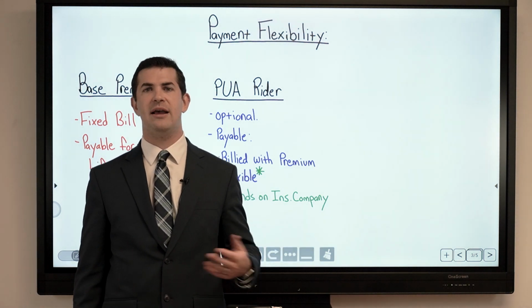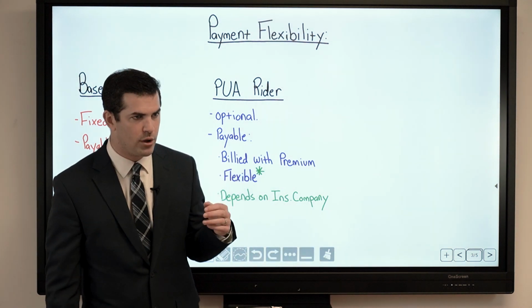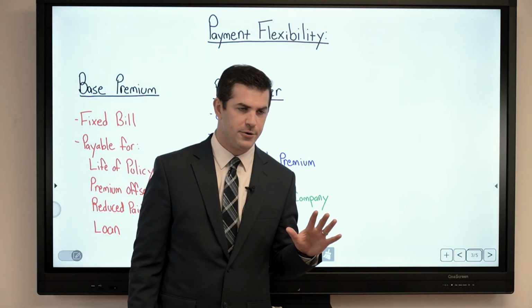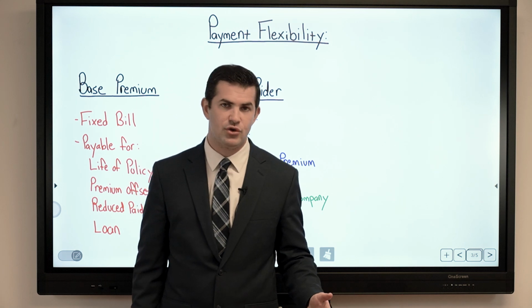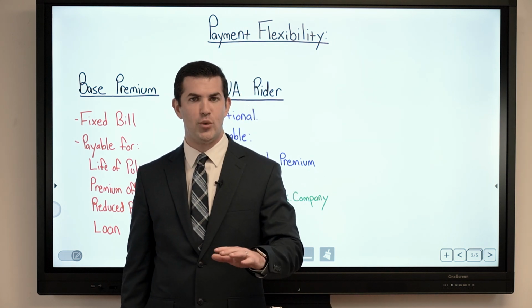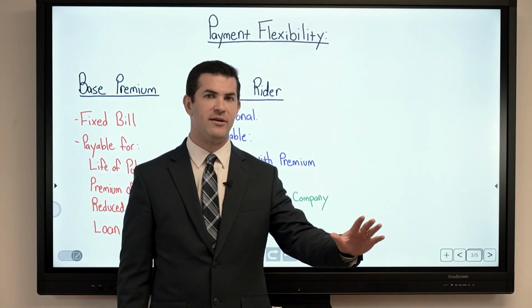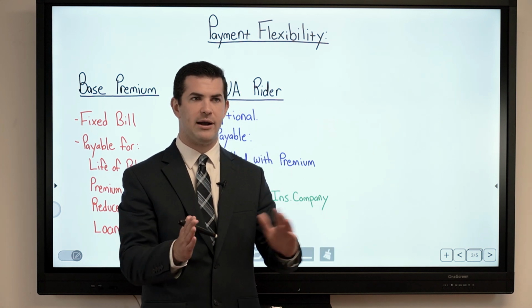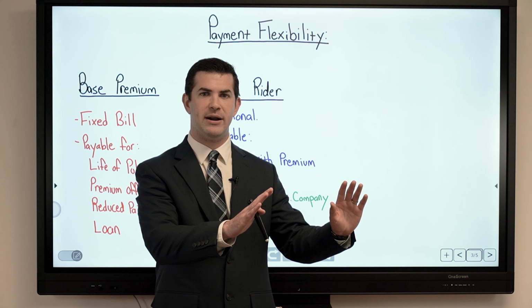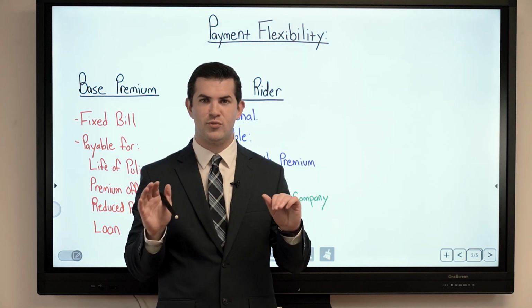Every insurance company has different rules. To give you a little bit of info here, when it comes to the PUA component, some companies will allow me to add PUAs into a policy at my leisure. For example, using the situation we just described, I'm paying $100,000 into a policy. I have a $10,000 base premium.